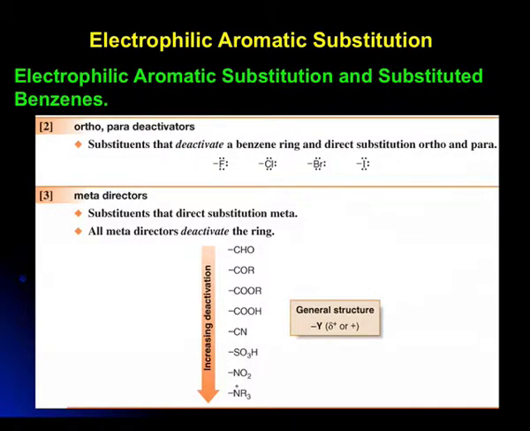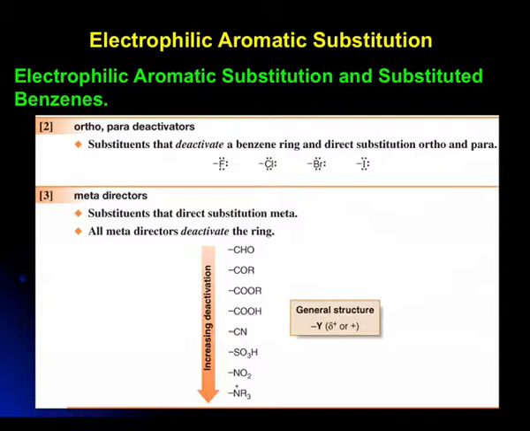You can also have a series of ortho-para directors that are deactivating. And that's all the halogens. So if Brienne comes into the lab with iodobenzene and she wants to do an electrophilic aromatic substitution reaction, she would predict that the electrophile would go in position 2 or 4, ortho and para, but that the reaction would actually be slower than benzene itself.